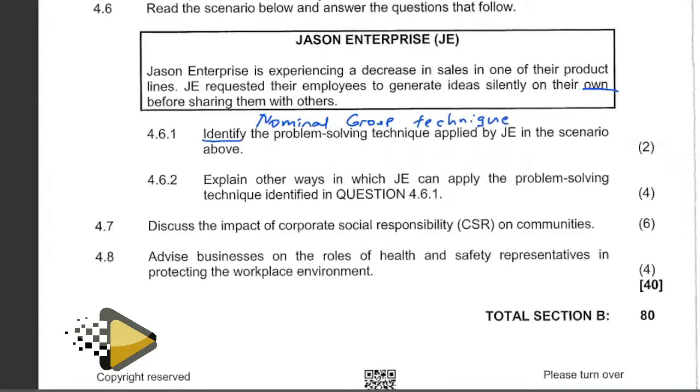Okay, right, grade 12. So now let's move on to the next question, 4.6.1. It reads as follows: explain other ways in which nominal group technique can be applied as a problem-solving technique. Okay, right. So this one can collect the ratings and calculate total points.